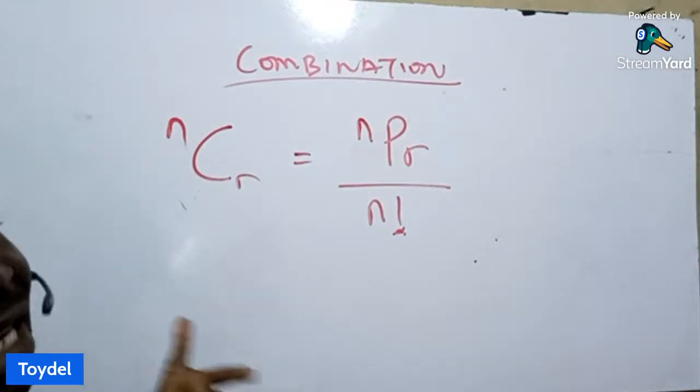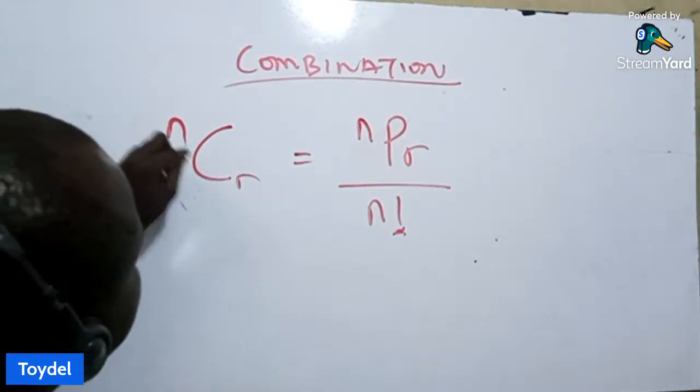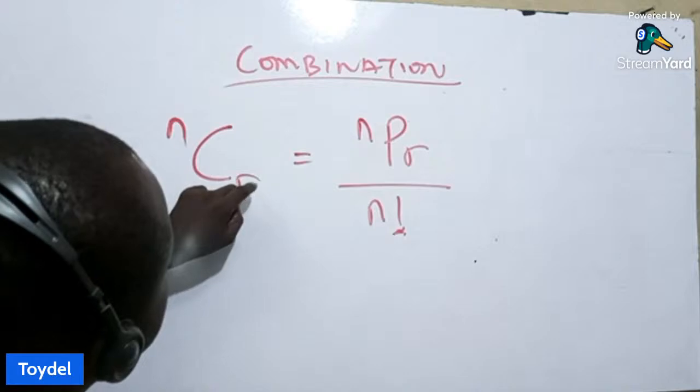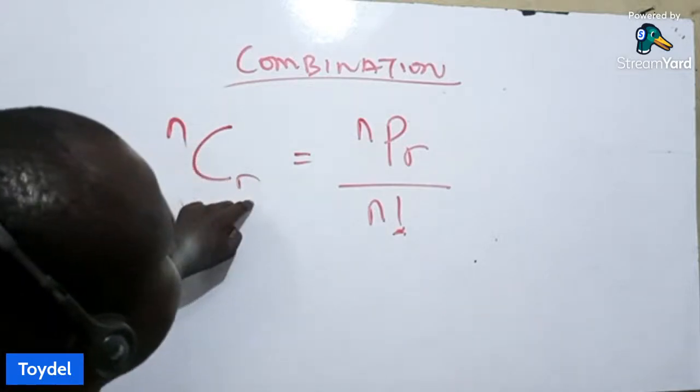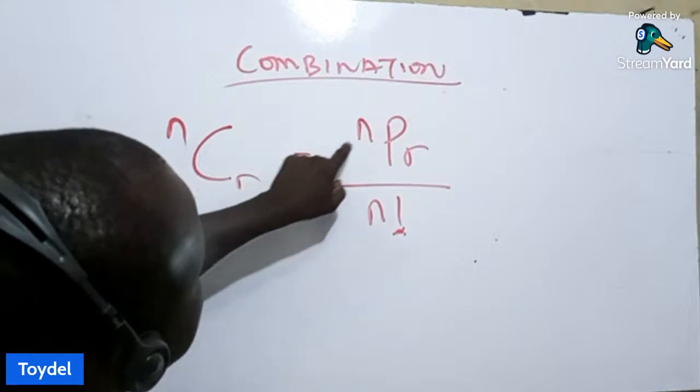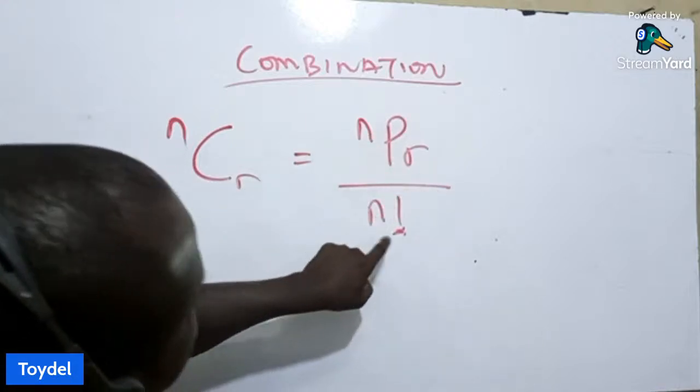It's more or less like selection. So when we want to take r ways from n ways, that will be n combination r, which is going to give us n permutation r divided by n factorial.